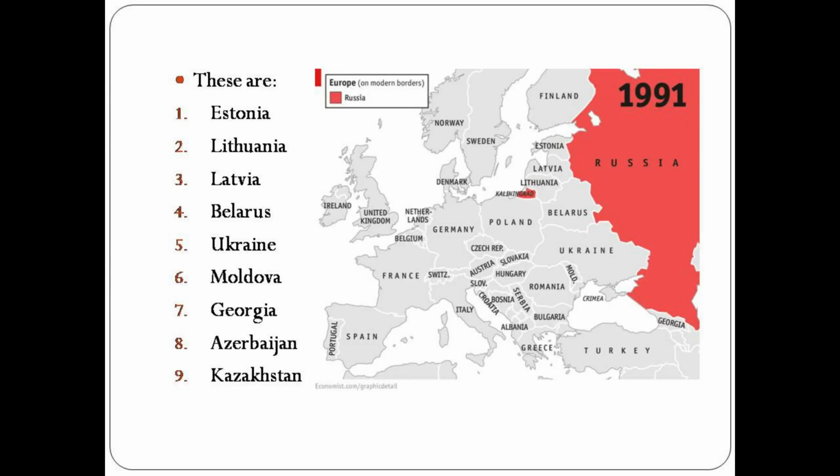My dear students, in front of your screens, these are the 9 republics which are wholly or partly in Europe. So these are Estonia, Lithuania, Latvia, Belarus, Ukraine, Moldova, Georgia, Azerbaijan, and Kazakhstan.